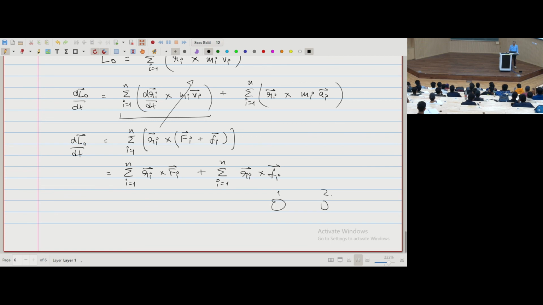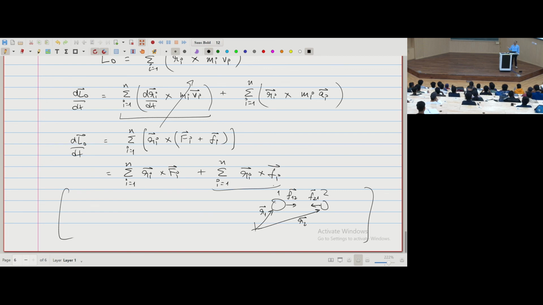Let's say you have two particles, 1 and 2, and the force that acts on 1 by 2 is F12, and the force that is applied by 1 on 2 is F21. This is the origin somewhere. So we have R1, R2. We are looking at this second summation.